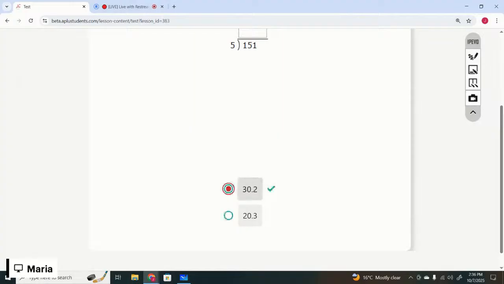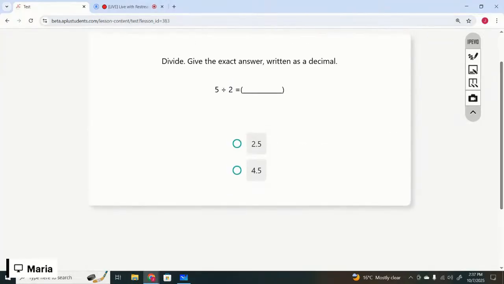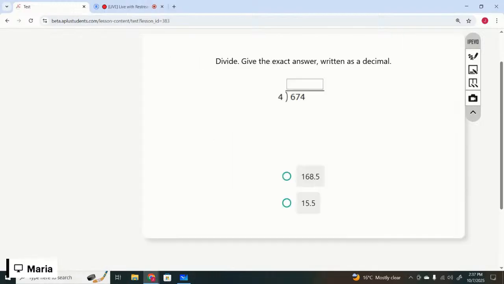Option number 1 is the correct option. 5 divided by 2, which is the correct option? That is 2.5. Option number 1 is the correct option.